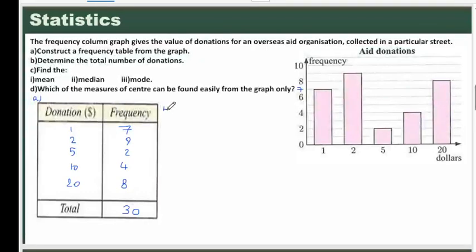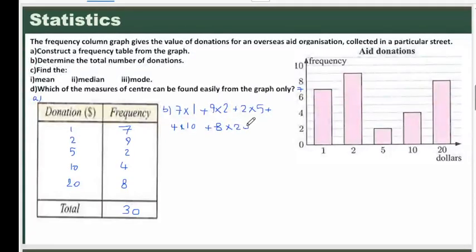The total number of donation would be 7 times $1, and 9 times $2, plus 2 times $5, plus 4 times $10, and 8 times $20.